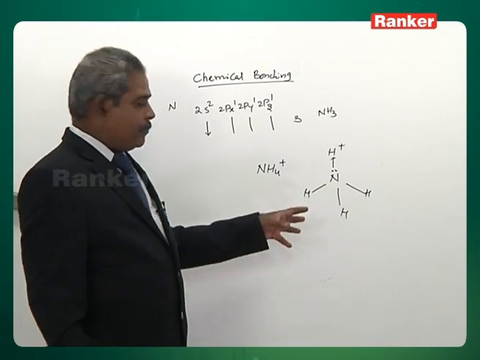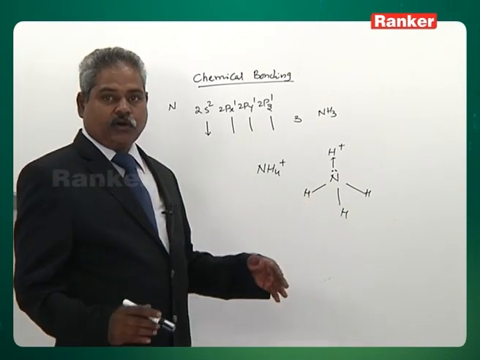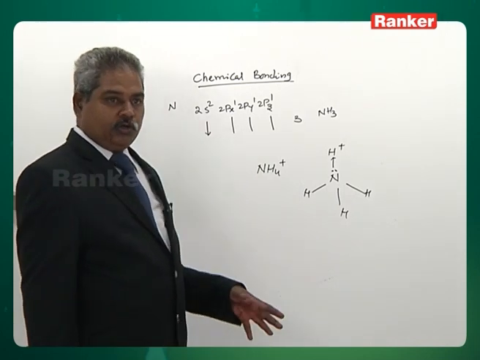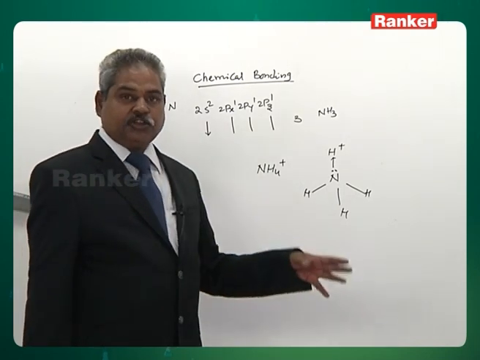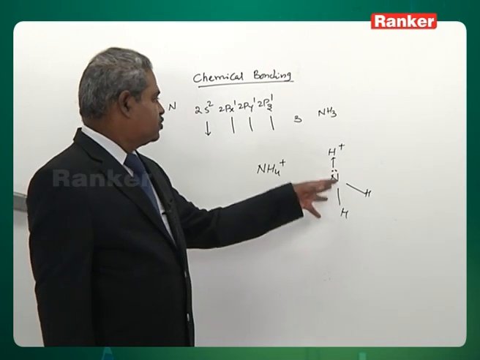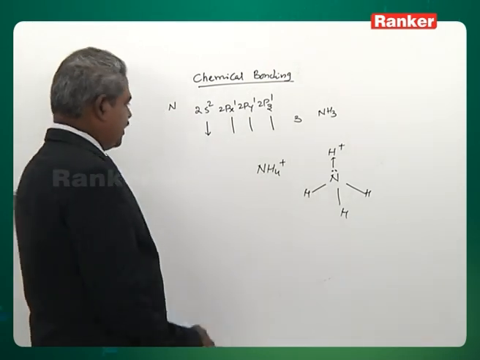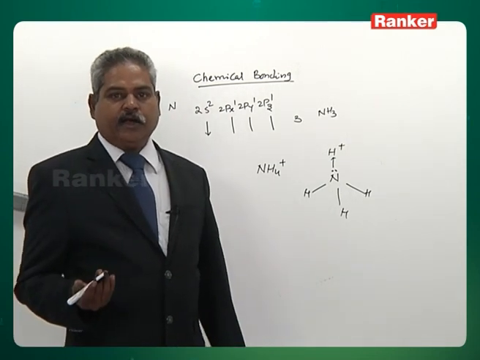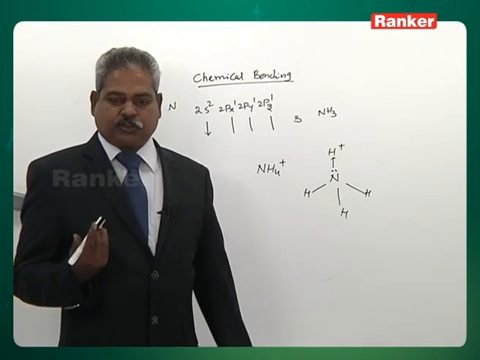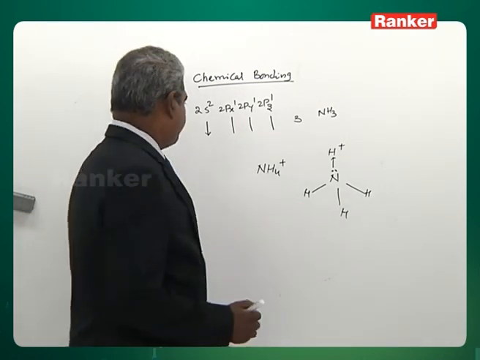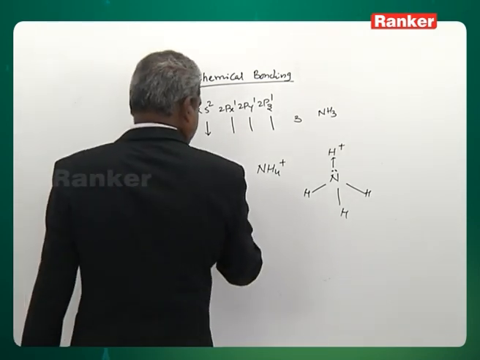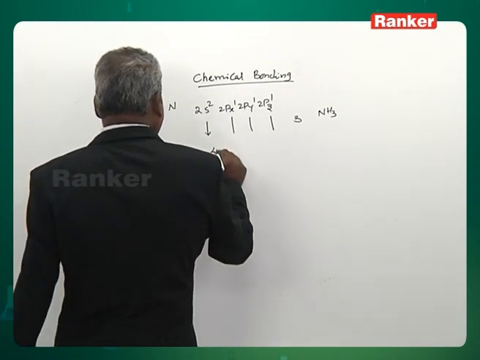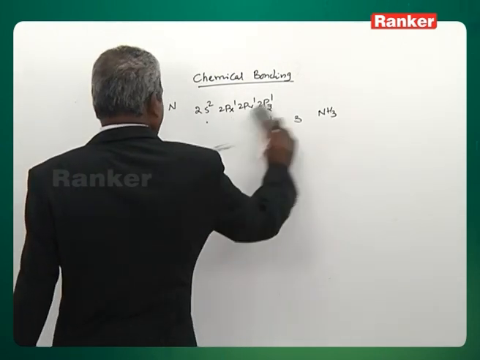That way, the bond angle has increased slightly, 107 to 109.5 degrees. So, the bonds are less strained now. That is the reason nitrogen donates that lone pair. So, why are lone pairs donated? If the lone pairs are present in a structure, they cause some repulsion. Now, the maximum covalency of nitrogen then is 4, NH4 plus.